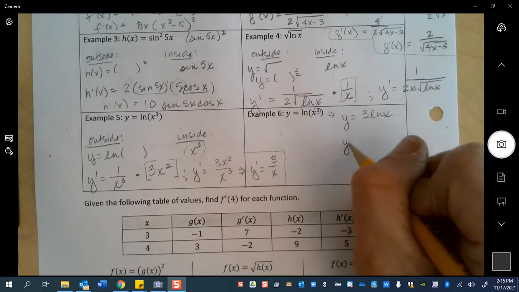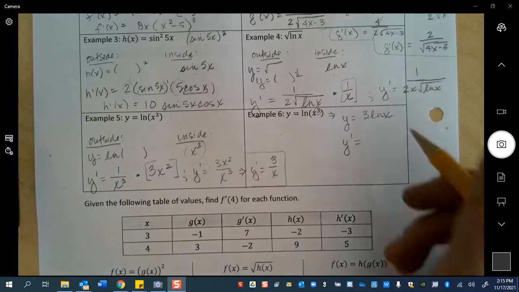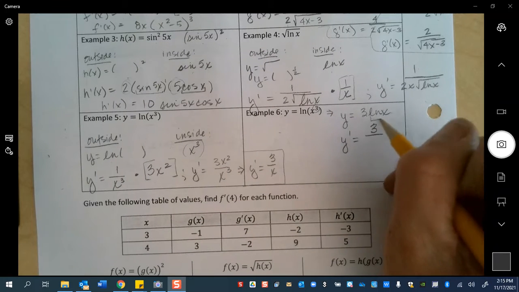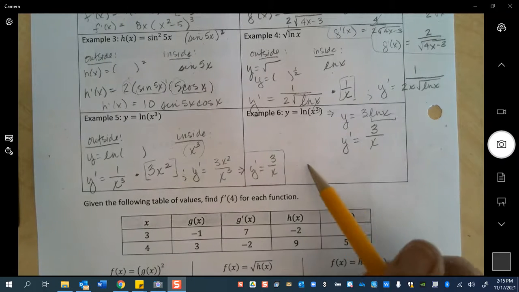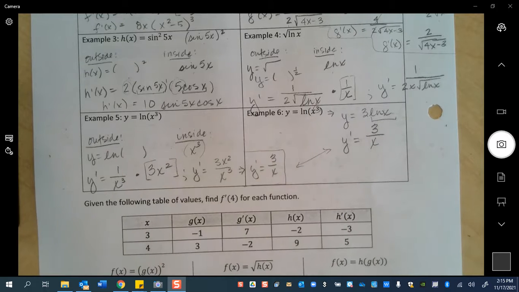If I go to take the derivative of this one, 3 times the natural log of x is going to be 3 over x. So notice I got the same thing from both ways. So when we have something really simple, we can be reminded, oh wait, I can go back and do it that way. And that validates what we're doing with our inside-outside conversations. Sound okay?